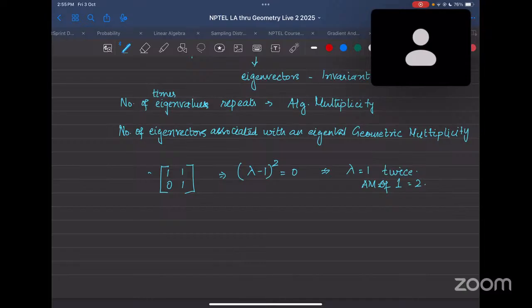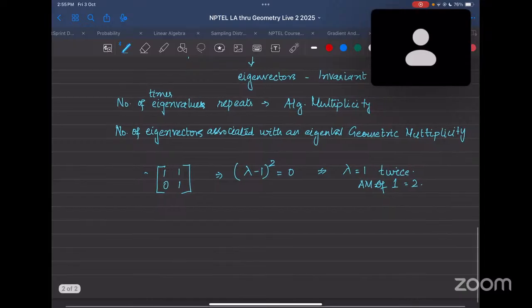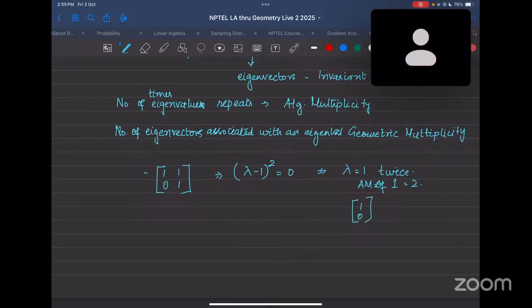When you try to find the eigenvector associated with this, the only eigenvector would be (1, 0). You will not get a second eigenvector in this case, which means this eigenvalue, lambda equal to 1 with algebraic multiplicity 2, we say is a deficient eigenvalue because it does not have two eigenvectors.